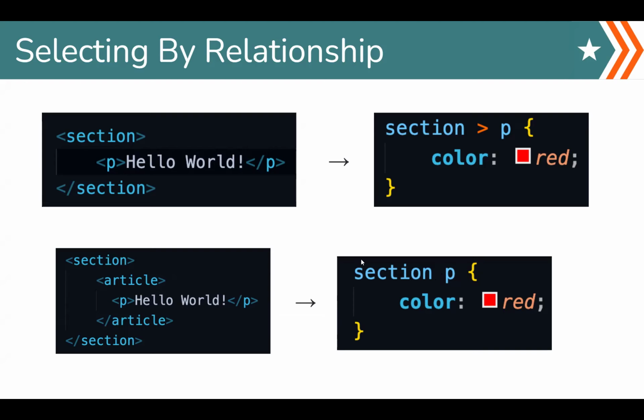So within section, or essentially, because section is going to grab every section, I want you to go into every section, and for every section that has a paragraph tag, change it to red. Whereas this one is something a little bit different. This is saying inside of all the sections, if there's a section that has a p tag directly after it, change that one to red, right? So two different things.